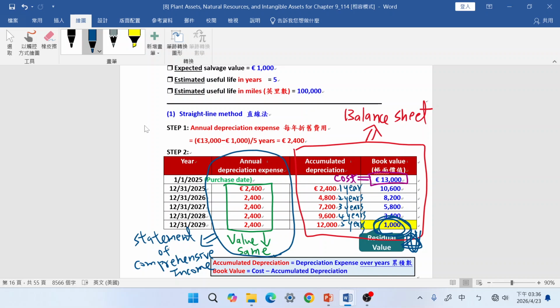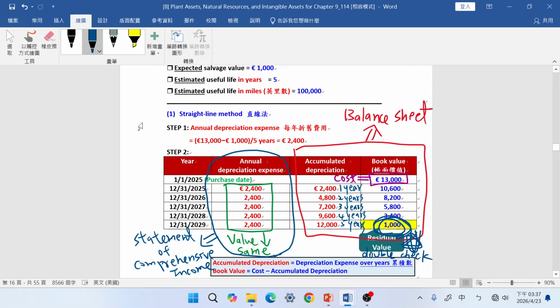This number has to be your residual value, okay? Do you understand? Okay, so you use the number to do your double check. Okay, you find it's 1,000. Yeah, then all the numbers should be correct.